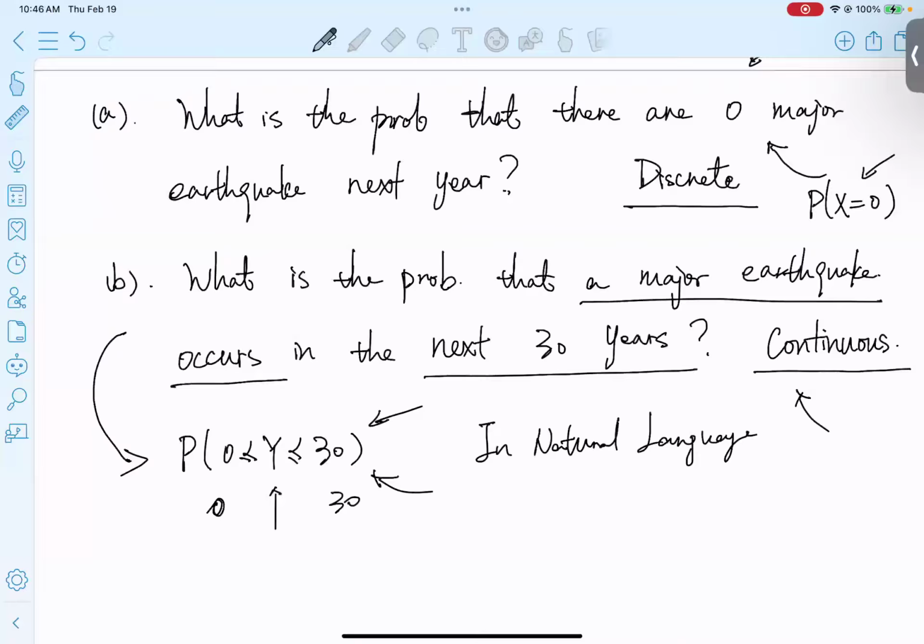But the thing I want to point out is that we are still interested in the things happening anytime in between this 30-year window, so that we will consider as a continuous case. But again, this textbook or this question is not well written in the natural language sense. If the question was asking for calculating this in mathematical language, then it would be very precise.